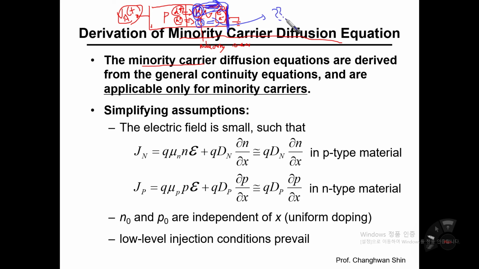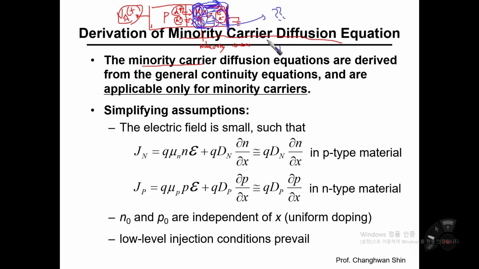I would like to write down the equation to mathematically express these holes' movement in the n-type material. I said hole movement in the n-type material, which means holes as minority carriers, right? So minority carriers are moved in the n-type material.